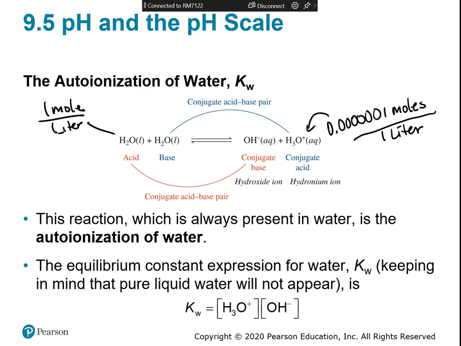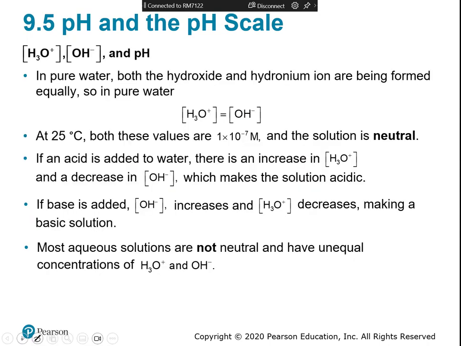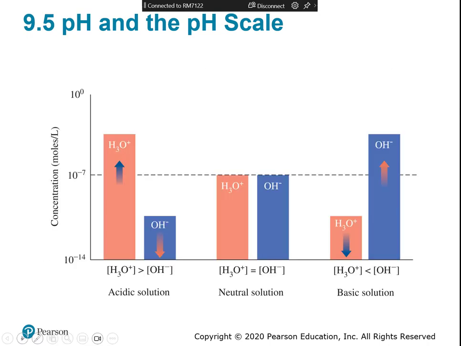It's where the amount of acid and base is exactly the same. So we knew that water molecules were neutral. So this is what water is, because the amount of hydronium ions or hydrogen ions is equal to the amount of hydroxide ions.